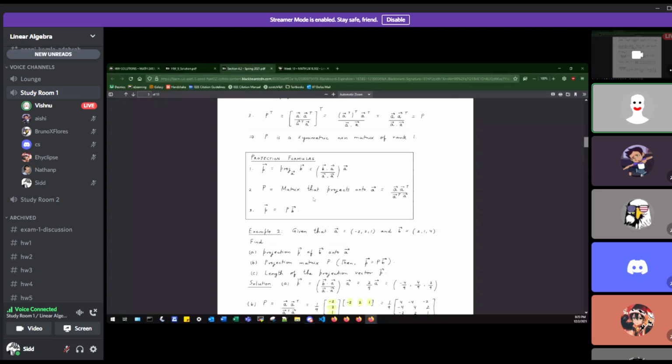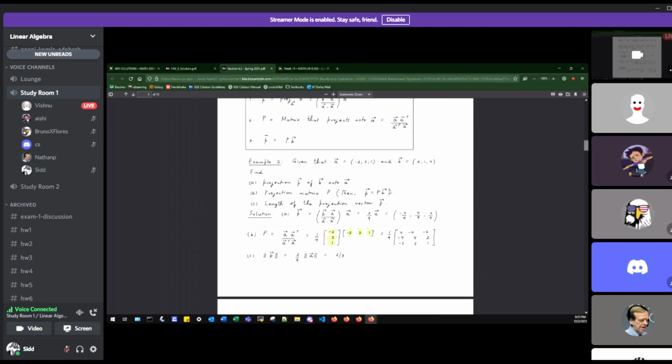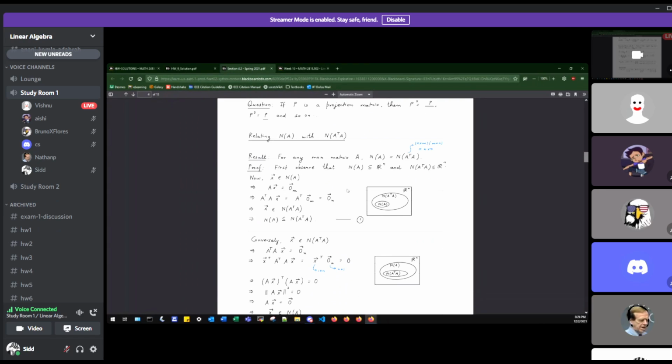So here are some formulas that absolutely must be memorized. If you have an m by n matrix A, the null space of A would be the null space of A transpose A. I'm not sure why that's important, but that's good to know, I guess.